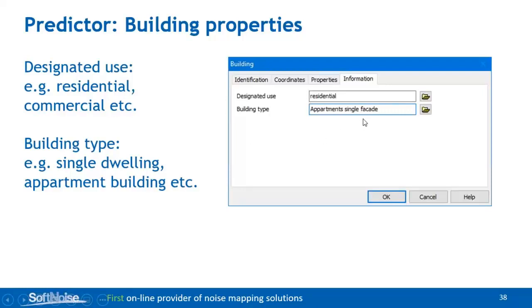But for apartment buildings, there are two other methods of counting the number of dwellings and the number of people exposed to noise. So that's why the building type is also very important to have as an attribute in the building. I will explain more about that in part 4.